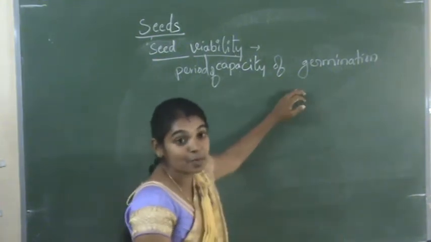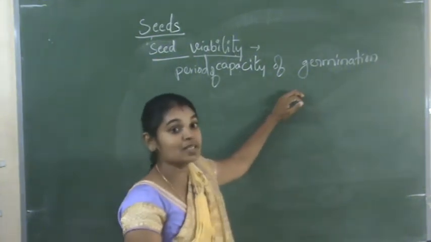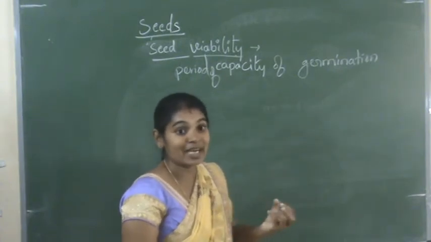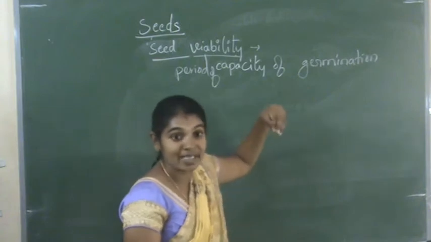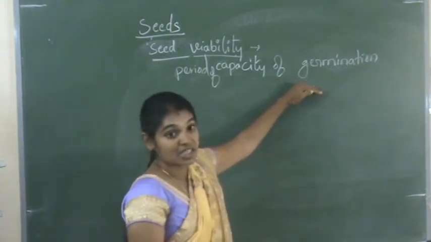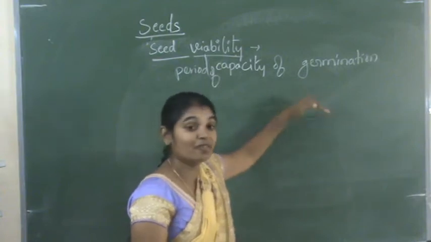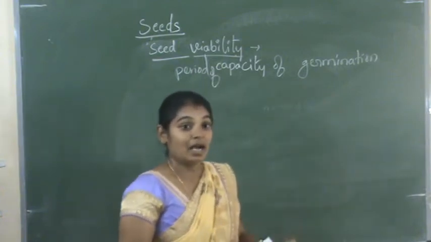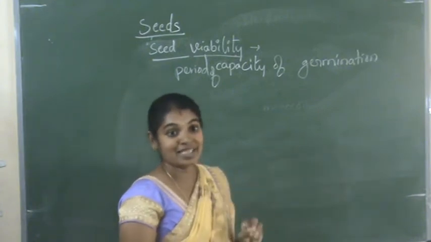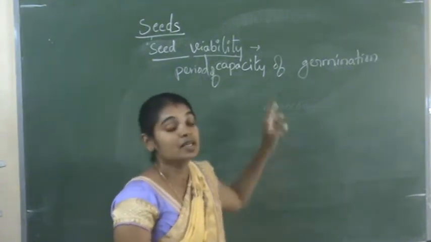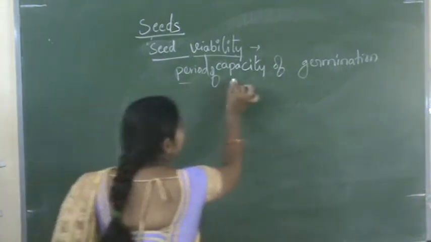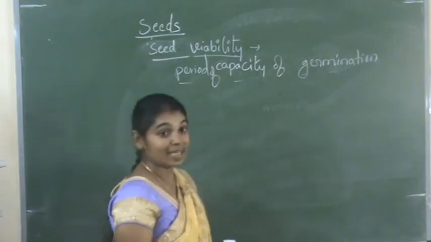These aspects are all responsible for the germination of a seed. If those conditions are not available, germination does not occur in the seeds. But when all the favorable conditions are available in nature, the seed can germinate. These will be different in different types of seeds.